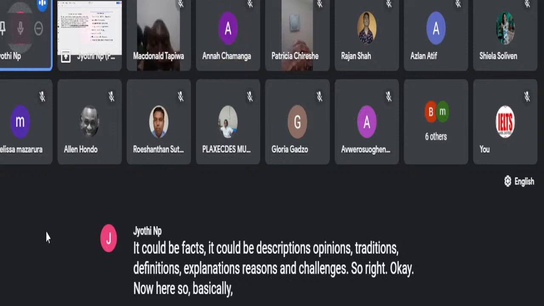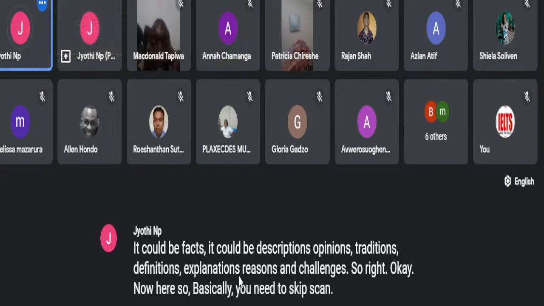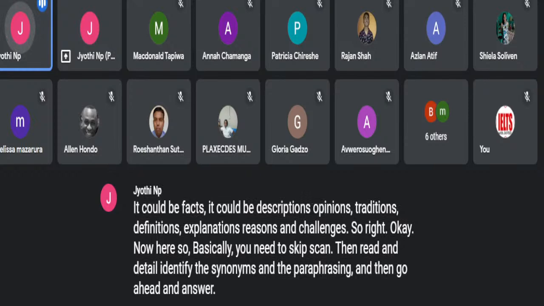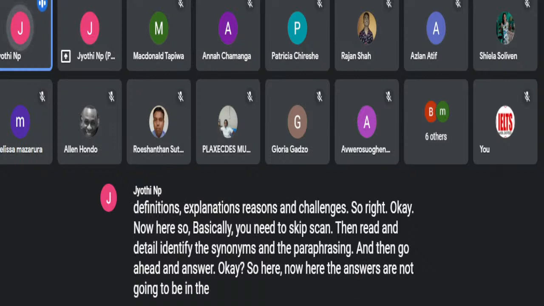Basically you need to scan, then read in detail, identify the synonyms and the paraphrasing, and then go ahead and answer. Now, here the answers are not going to be in the same order.